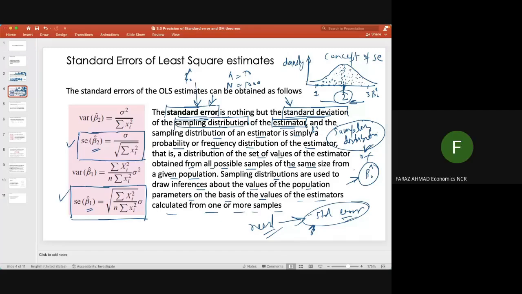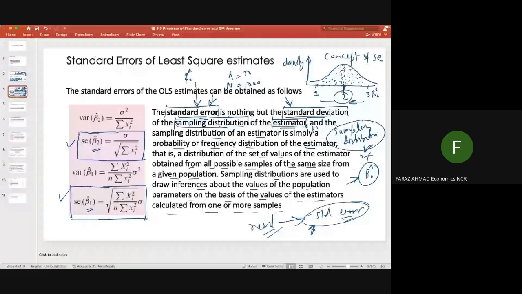So basically, can we simplify the sampling distribution in some words? It is the distribution of beta 2 hat, yes, that's the sampling distribution of beta 2 hat, through which you can have the standard error.